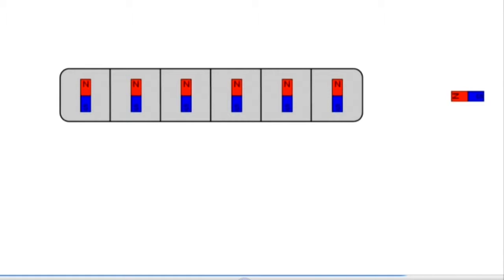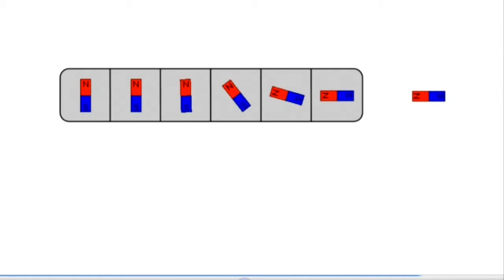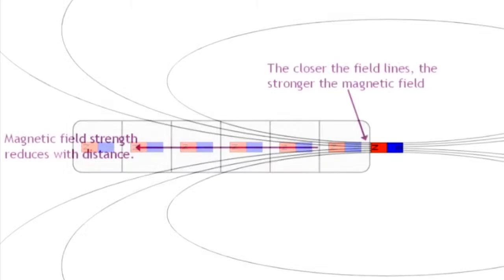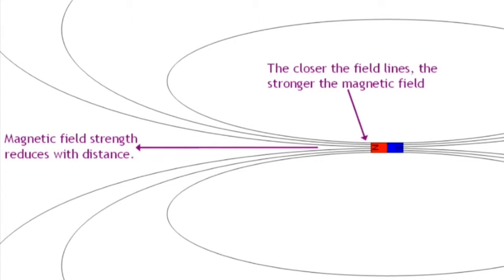Now, this is one of the zones. We have a magnetic molecule here. If we move that magnetic material, then the north pole is going to face away from it, while the south pole is close. Now we look at how this happens in terms of magnetic field strength. The magnetic field strength reduces with distance. When the distance is reduced, what's going to happen to the magnetic field strength?